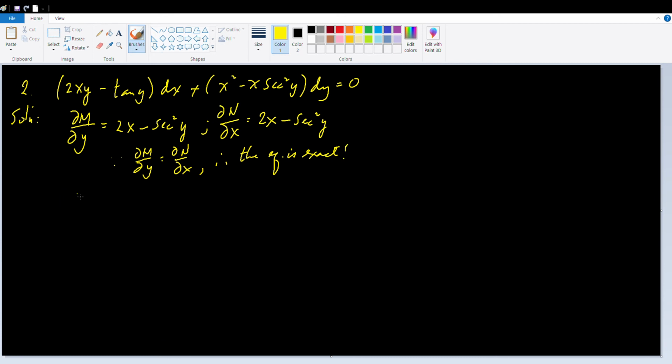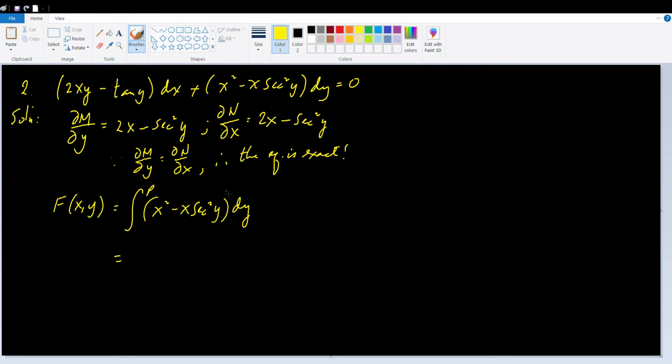Okay, so we are looking for the function f of x, y equal to the partial integral of, let us now use N dy. So that will be x squared minus x secant squared y dy. Remember, we are now taking the partial integral with respect to y, so x is treated as a constant.